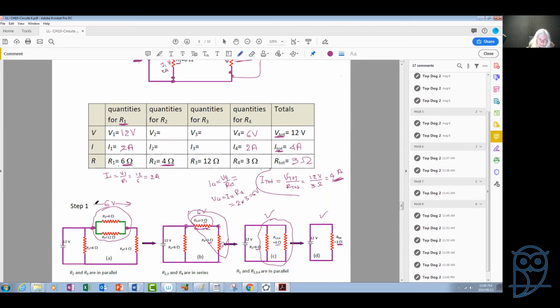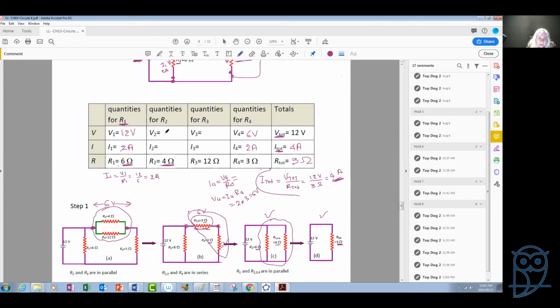So 6 volts will be the voltage across resistor R2, and also the voltage across resistor R3, because they are in parallel. The voltage across the ends is the same. So we can write this voltage in our table.